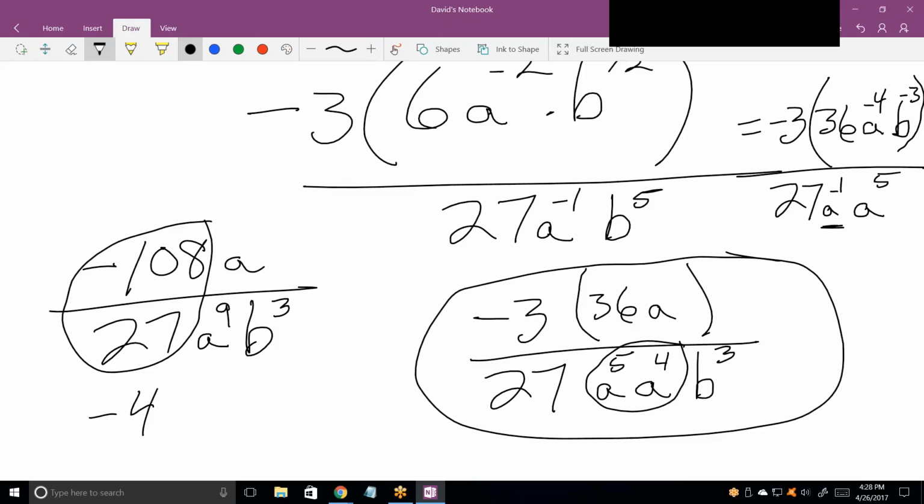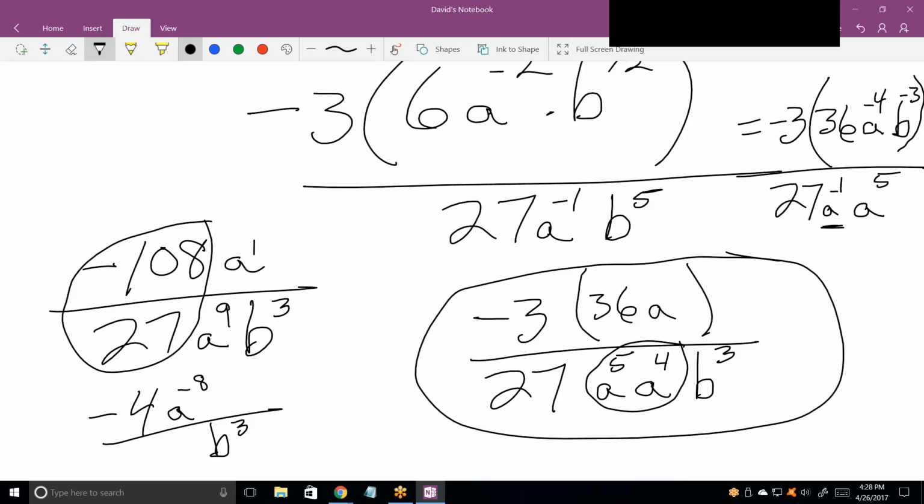The net a's, I could write it either like this, a to the minus 8 by subtracting the exponents, because there's a 1 there. And then I could leave the b in the denominator, but usually school systems don't want answers with negative exponents.